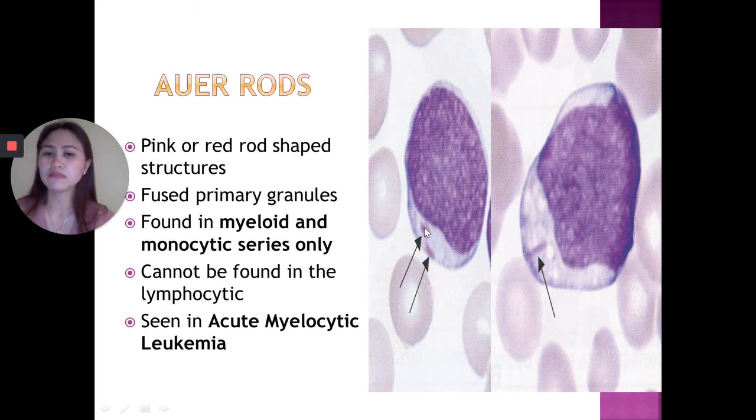abnormal monocytes or neutrophils. Those maturing neutrophils and monocytes that are supposed to be inside the bone marrow are immaturely released in the blood stream.